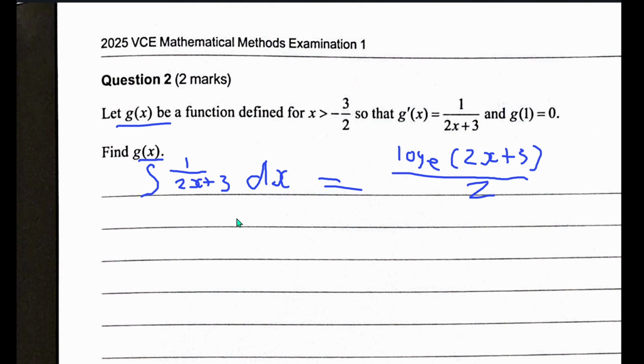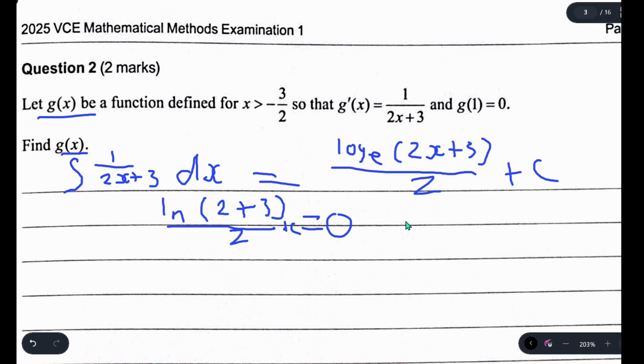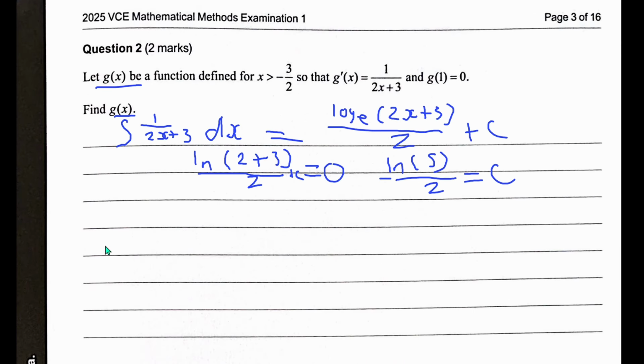Okay, let's make sure. So ln of 5 divided by 2 equals c.